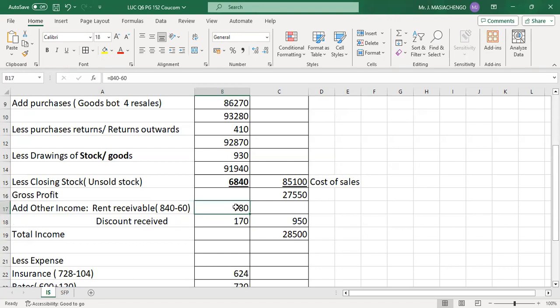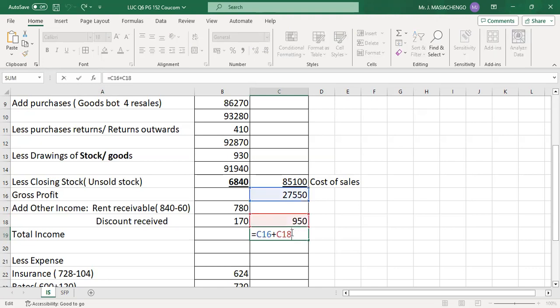We add the two, 780 plus 170, we get 950. These items are provided in the trial balance, so you can scroll backwards and see where they are coming from. So we get 950. Gross profit plus other income is our total income for the period, 98,500.